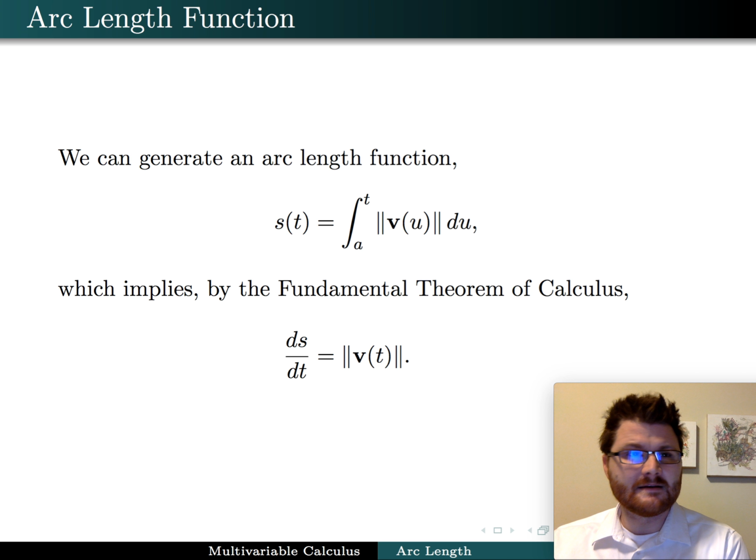So we see a result that hopefully isn't too surprising. That is that the rate of change of arc length is given by the speed at any point. So consider how fast a particle is moving along some curve. That is exactly how fast the arc length is changing that you're sweeping out at that point.